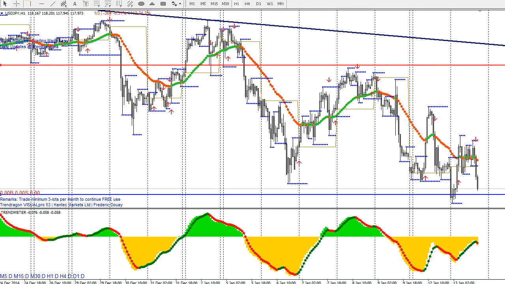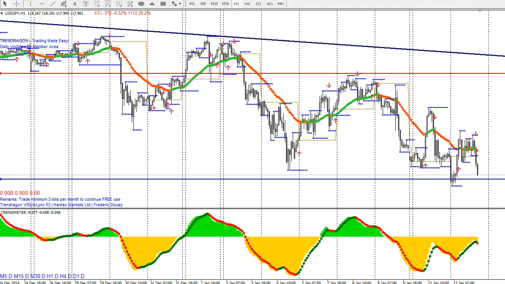Okay, so the hourly chart is showing us pretty much a downtrend happening now. I'll try to put it better here.